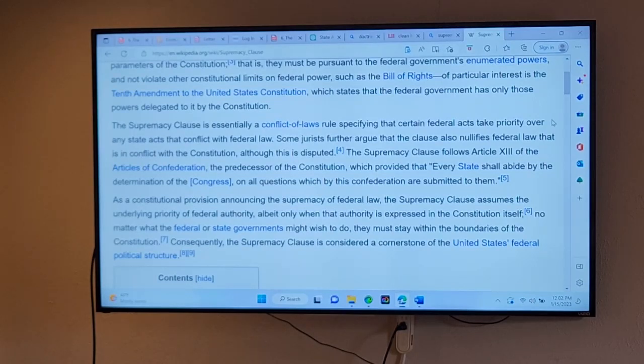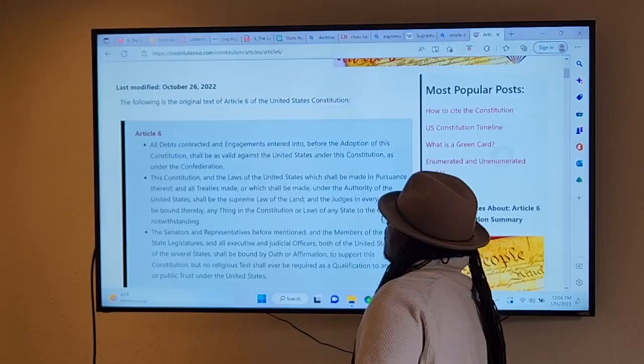No matter what the federal or state governments might wish to do, they must stay within the boundaries of the Constitution. Consequently, the Supremacy Clause is considered a cornerstone of the United States federal political structure.